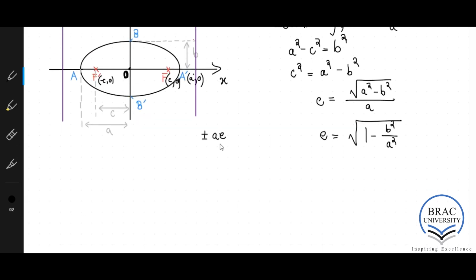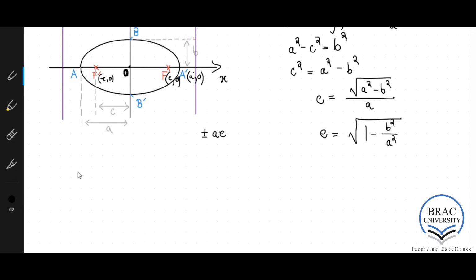So let's go ahead and look at all the parts of this ellipse. The center, which I have used O here, is at 0, 0. Again, you can have a shifted ellipse, which will have h, k, and so the equation would be a bit different.